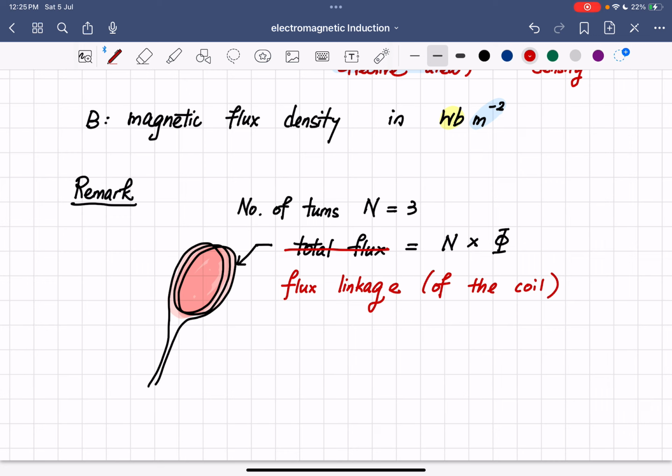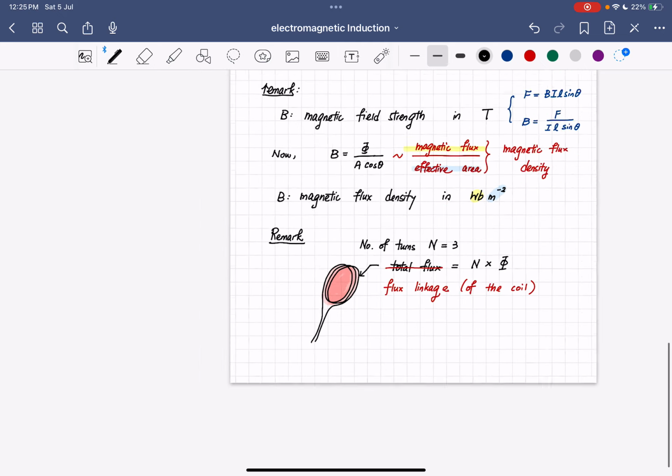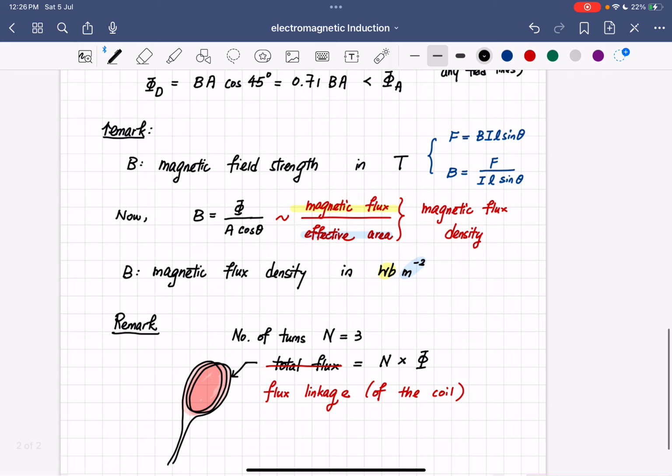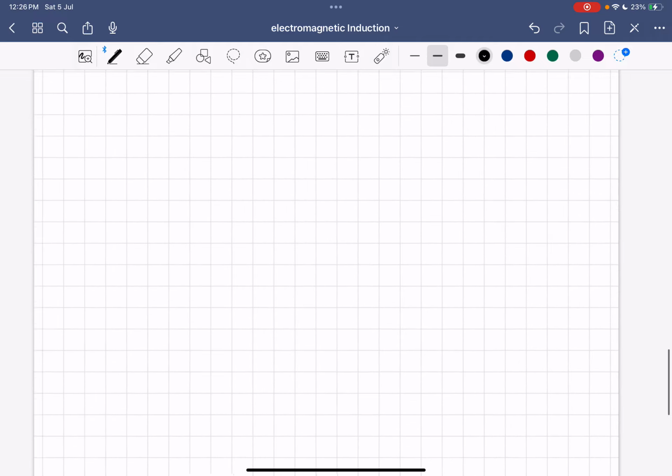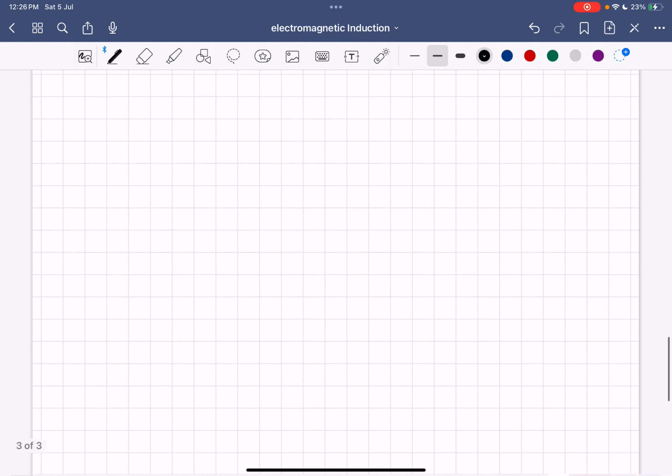Well, finally, this is what we need to learn for the mathematics. Now we are ready to write down the mathematical formula for electromagnetic induction. It is the so-called Faraday's law. We have only learned one Faraday's law, so this is the Faraday's law of electromagnetic induction.